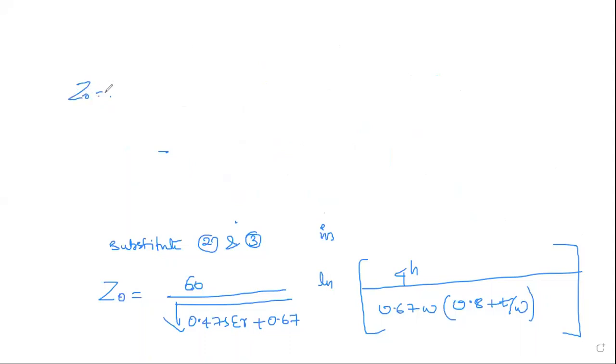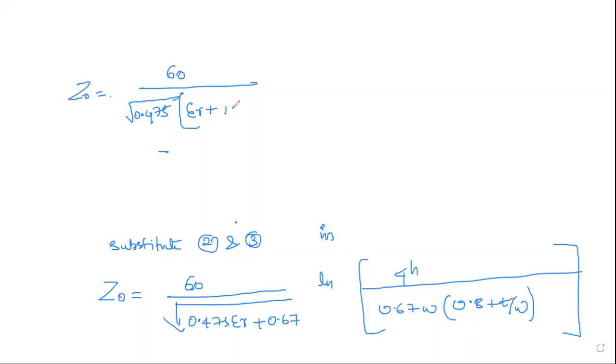So here Z naught is equal to, now we need an equation in terms of epsilon r. So we'll just take out 0.0475 outside, since we are going for simplification. So you'll be left with epsilon r. How much is 0.67 by this? Is it 1.41? Just check it. Yes, ma'am.